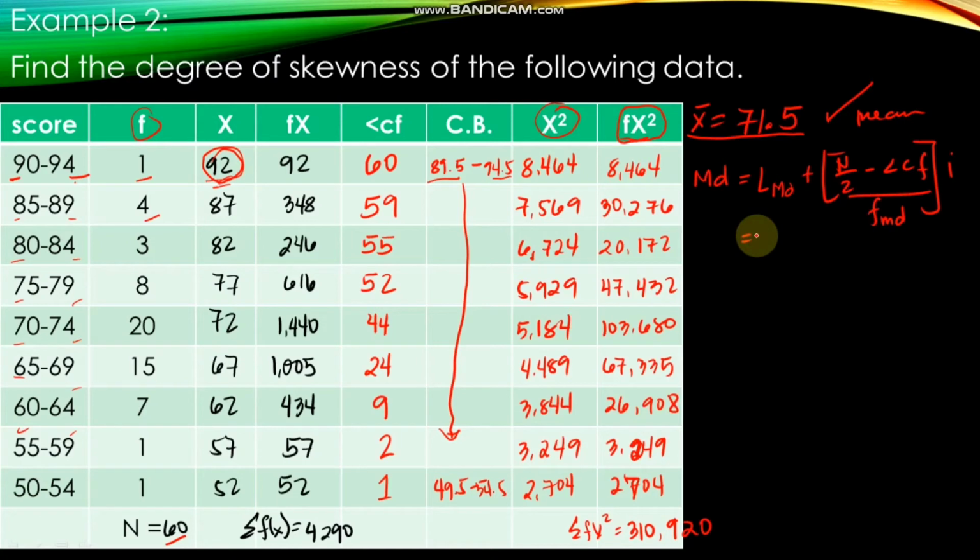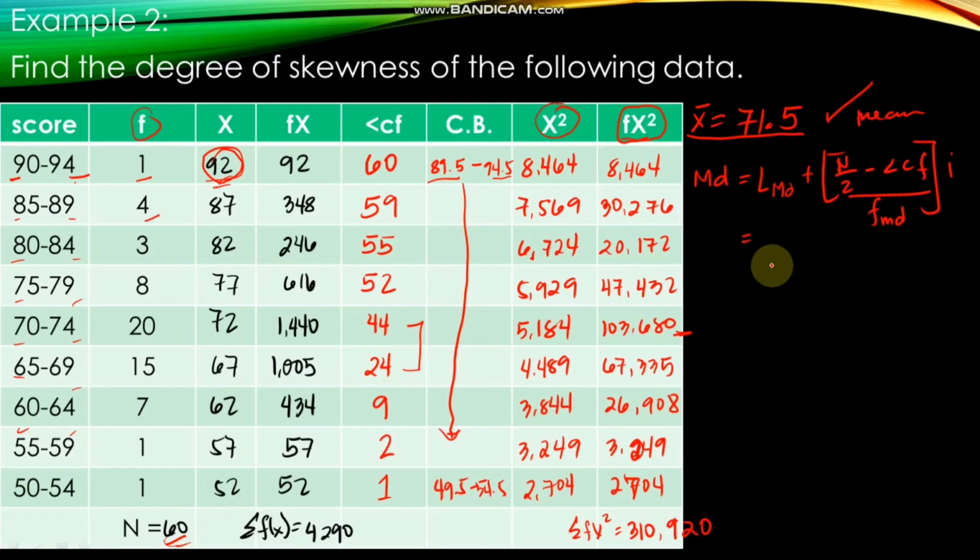To find the median class, see my previous video. The total frequency is 60. Divide that by 2, that is 30. So 30 is in between this one. So our median class is here.